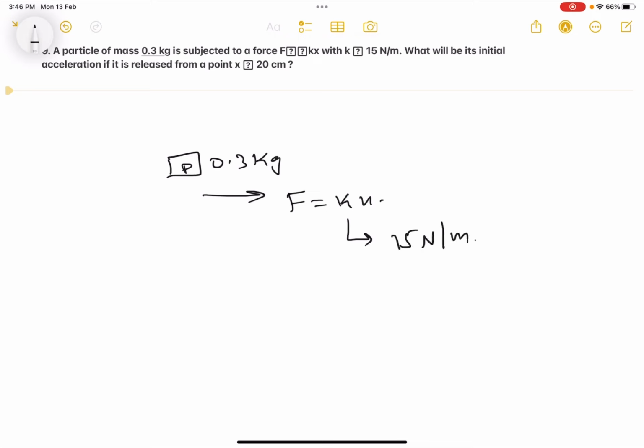What will be the initial acceleration if it is released from a point where x is equal to 20 centimeters?